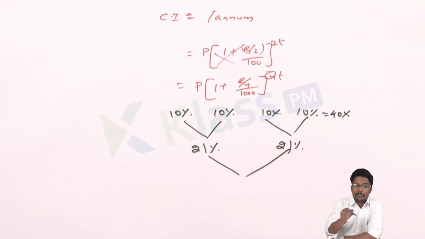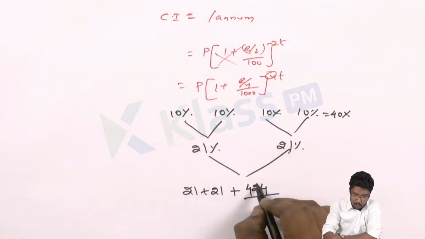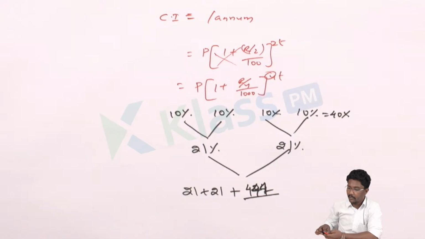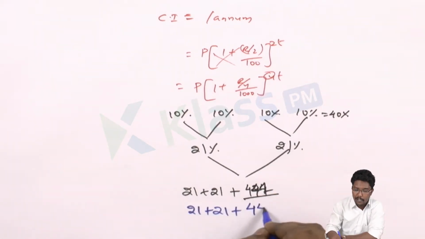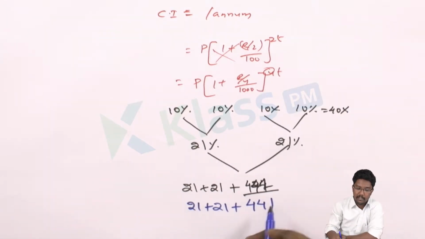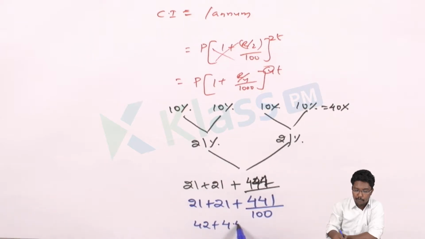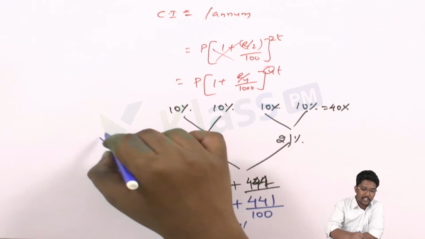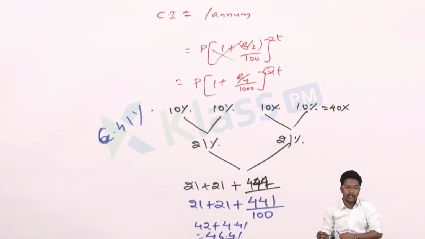Again calculate the successive percentage for these 2, means 21 plus 21 plus 441 by 100. That means 42 plus 4.41, which is 46.41. So I am paying 6.41% extra. Due to compounding, it is 6.41% extra.